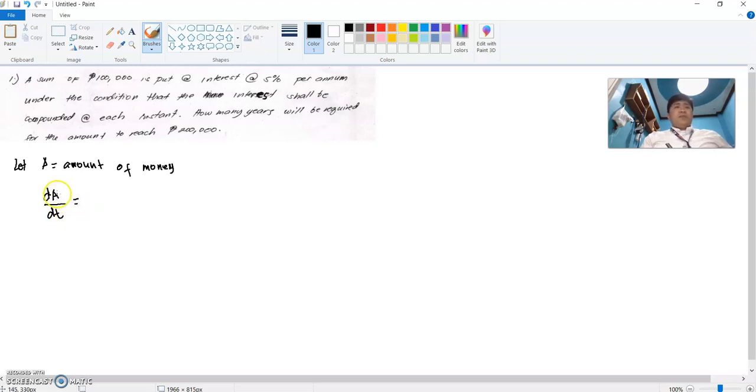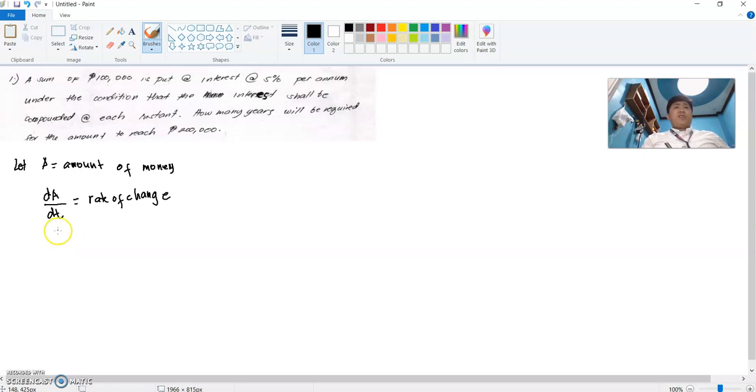The numerator is the one changing with respect to time. Remember always, the numerator is the one that is always changing. The denominator is the one that causes the change. Mostly in these problems, the one that causes the change is the time.